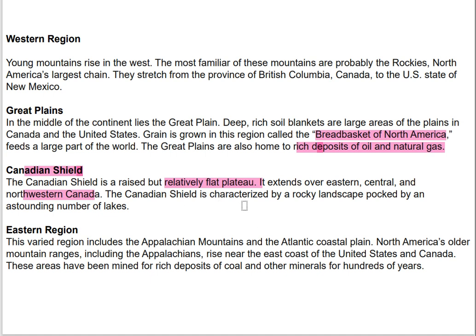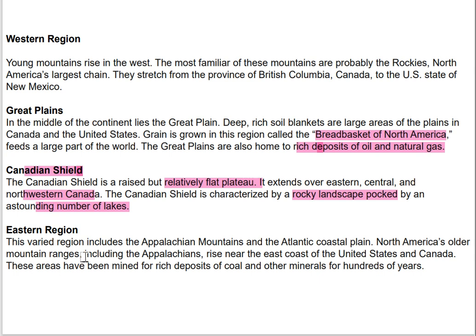The Canadian Shield is characterized by a rocky landscape marked by an astounding number of lakes. Later you will see that a number of lakes are there, forming this geographical feature.